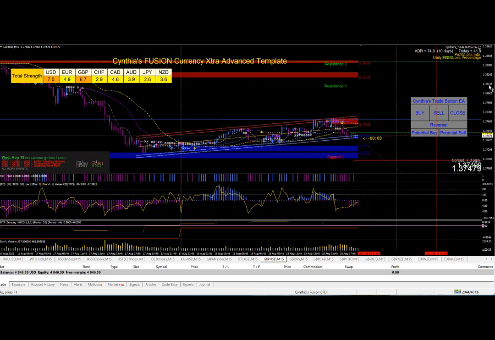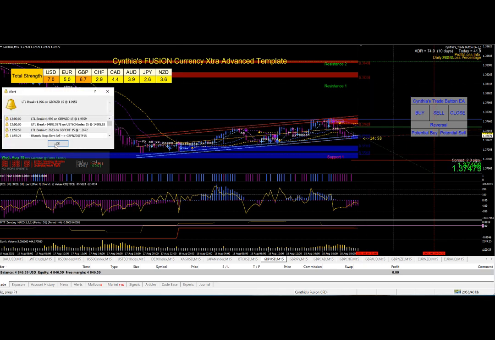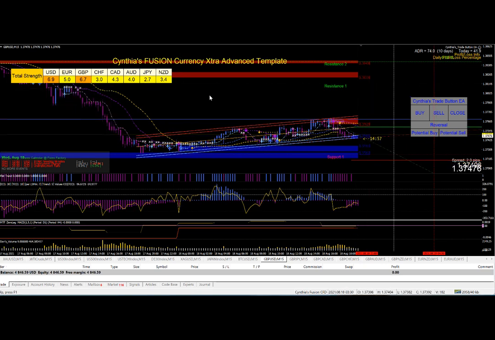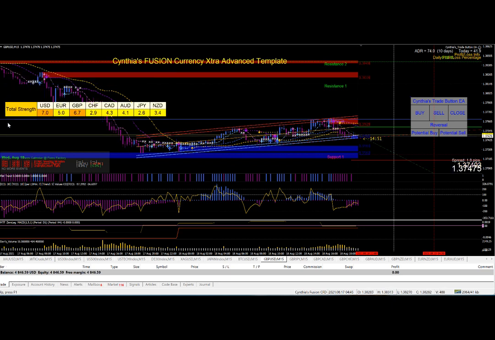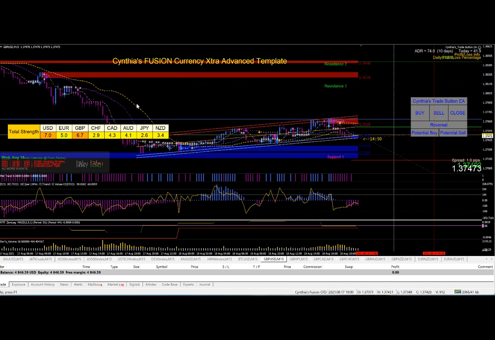This trading system does specialize in retracements, and so you can move your currency strength meter around to get it out of the way, put it wherever you want, and you can see the pullbacks, which are also known as retracements, and then re-entry spots. So this trading system really specializes in retracement trading, and all the other indicators are designed to give you more information so you can make better trade decisions.